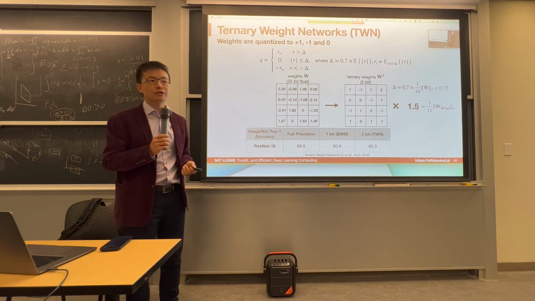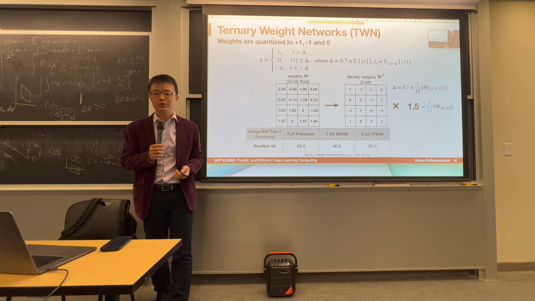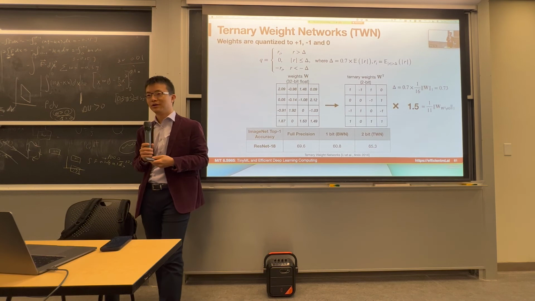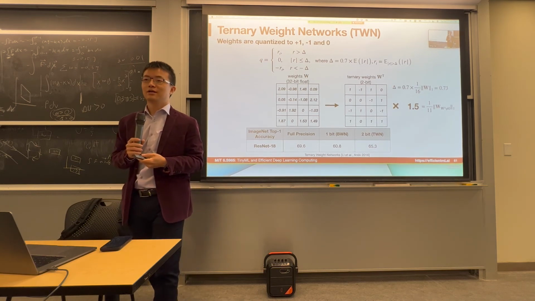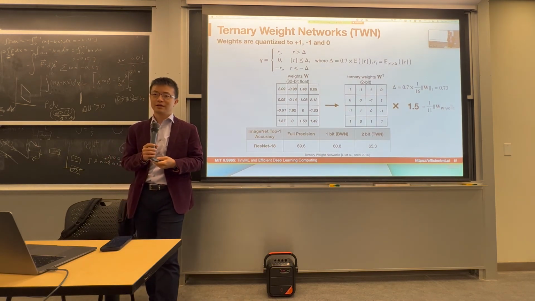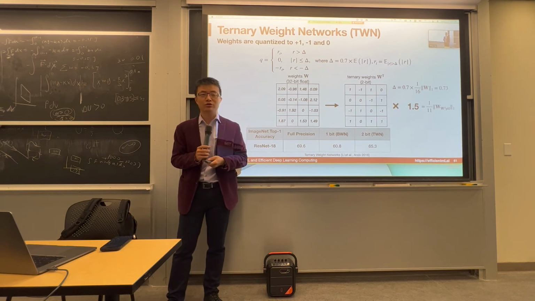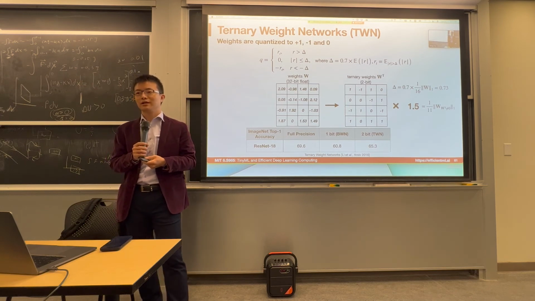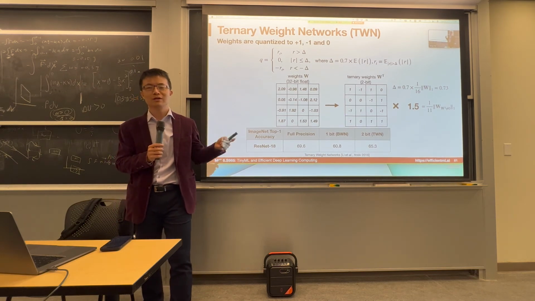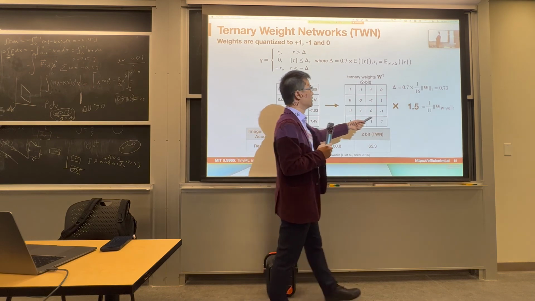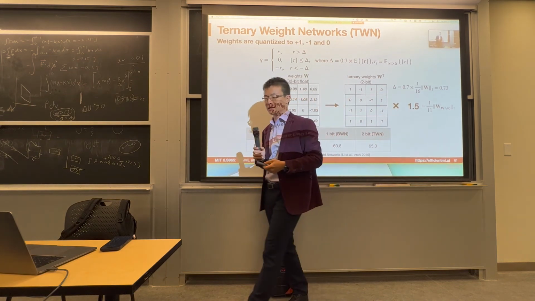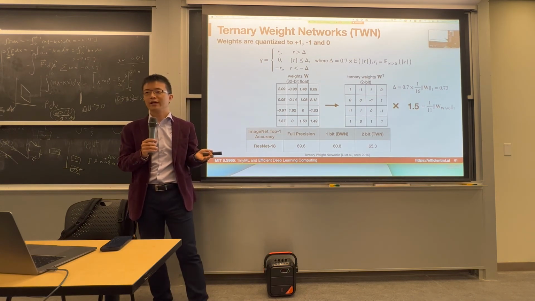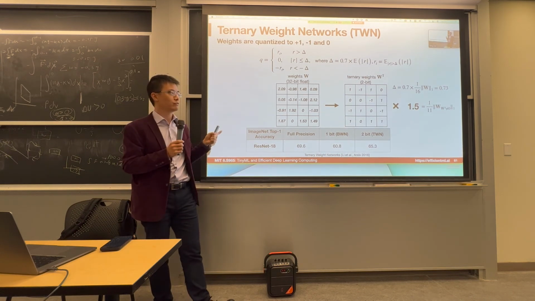But the reason you still use ternary, although you lose 1 centroid, is that 0 multiplied by anything is still 0, so you can potentially skip the 0 multiplication. And by having this symmetric characteristic, we can turn multiplication into addition and then do just one single multiplication by a single scale factor. That's the advantage of having such symmetry and also having 0 as one of the centroids.